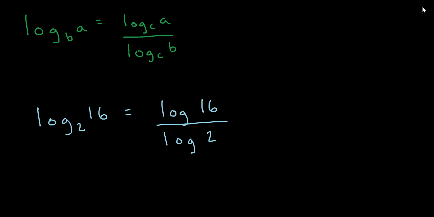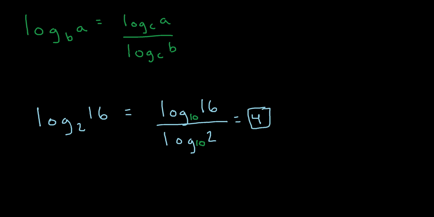And this base that we choose can be any number we want as long as it's the same for the numerator and the denominator. So we could choose a 10 if we wanted to. And if we plugged in log base 10 of 16 divided by log base 10 of 2 into a calculator, we would find that it's equal to 4.